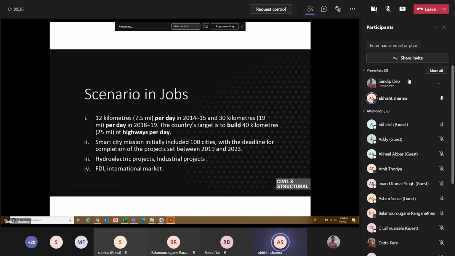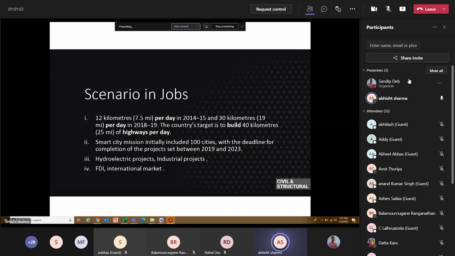Then India has also started the Smart City Mission, which includes around 100 cities, and they have to be completed by 2023. Then there are various hydroelectric projects and industrial projects coming up in India. And then the most important thing that I told you in the initial part of our discussion, that a lot of companies are coming up which are subletting work to India now.